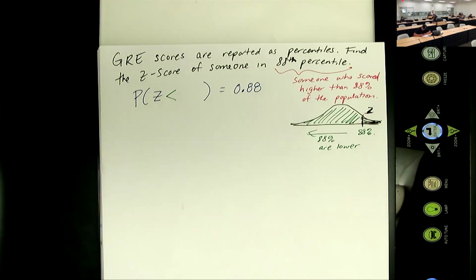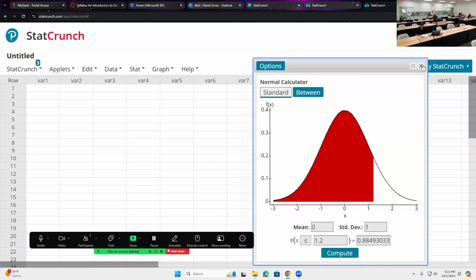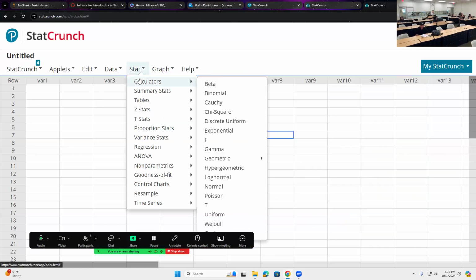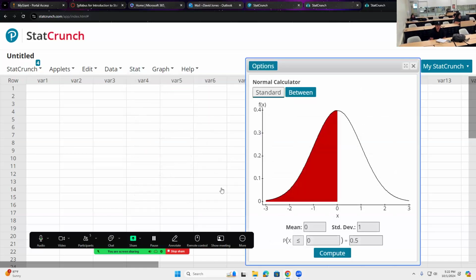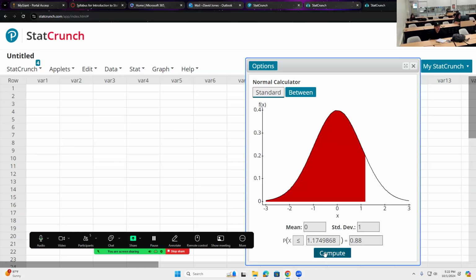And we will shift over to StatCrunch and take a look at it. So we're using the normal calculator. I'll open it again, just so you get used to seeing its path. Stats, calculator, normal. We're going to set that equal to 88%, and we're going to leave it as lower than.